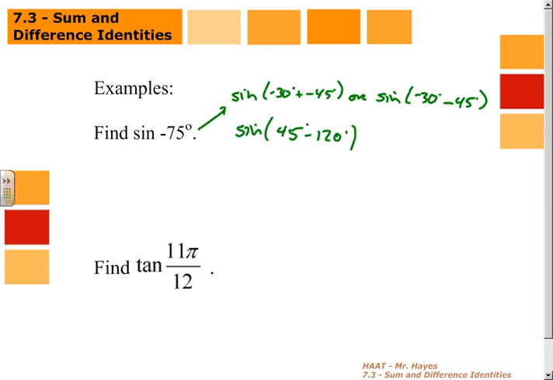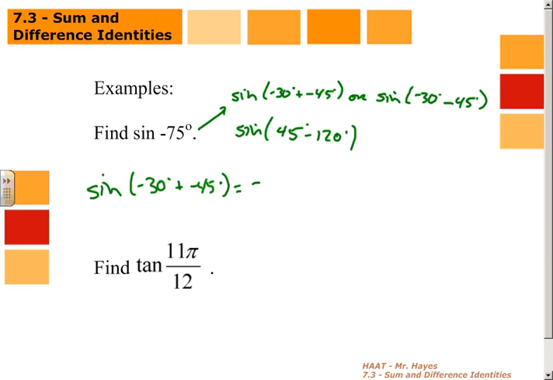I'm going to do the first one, just because the numbers are going to be a little bit easier here. So we're going to go sine of negative 30 degrees plus a negative 45 degrees. Now, it doesn't matter which one you use, because the trig values will change signs, and that'll take care of the plus or minus thing.